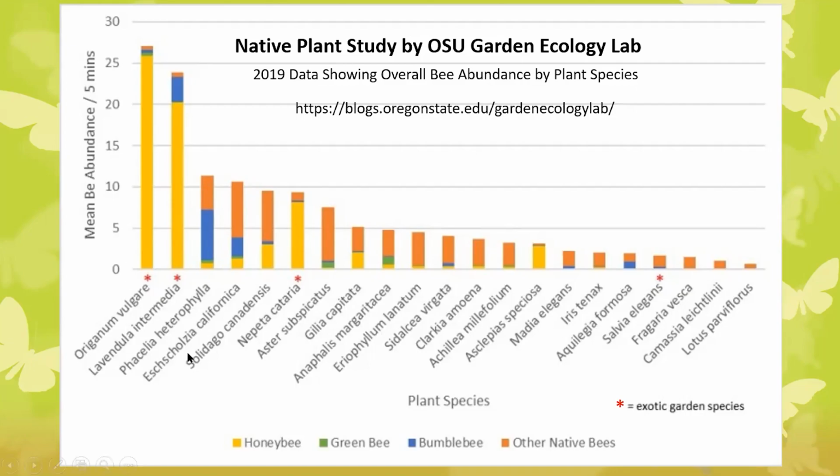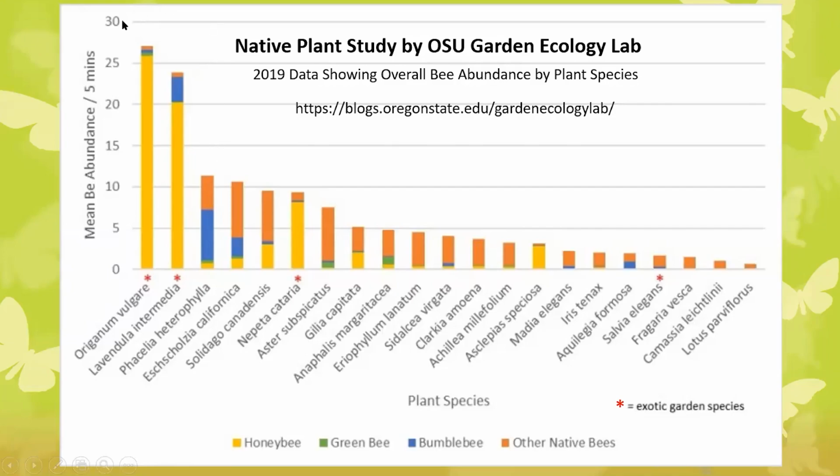And of the 27 plants they tested, 4 are exotic species and the rest are native. So the 4 exotics have a red asterisk. So when you look at this list, you might think, what? The exotics are winning. This is oregano. The second one is lavender.